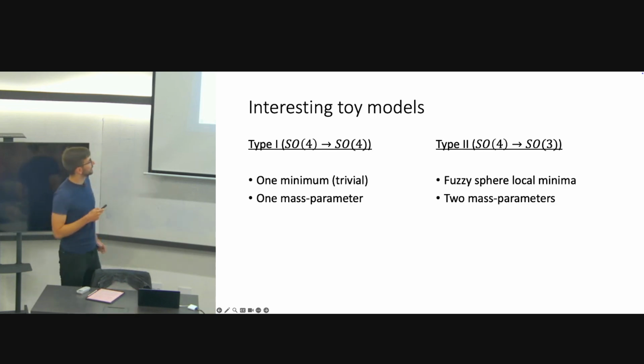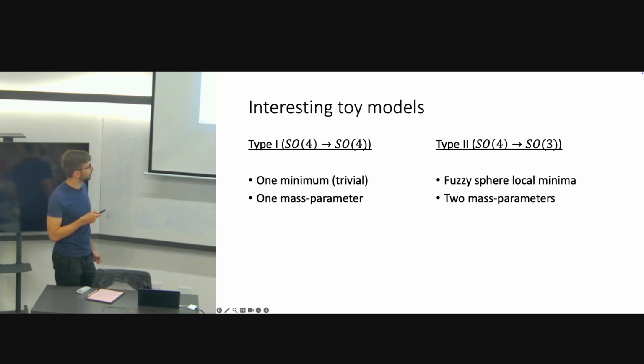Now, as I was saying, the interesting toy models are in 4 dimensions because the Pfaffian is positive, and we could run numerics. So let me quickly describe the features. For the SO(4) model, there is only one minimum, which is the trivial minimum, just 0, and a single mass parameter.